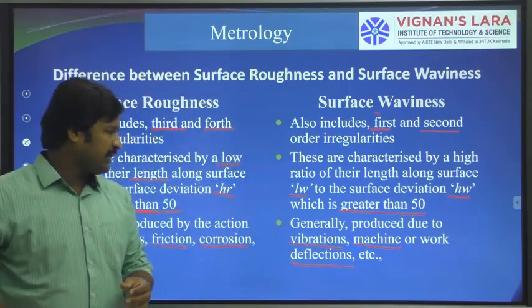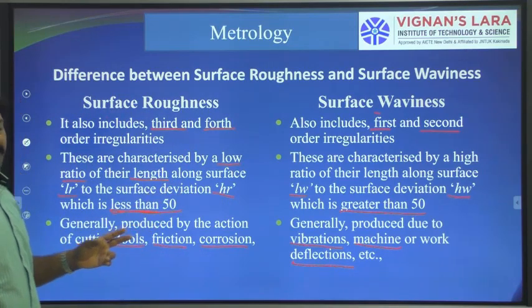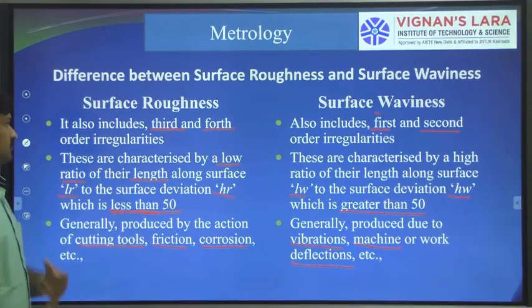If the component or the machine is deflecting, then waviness type of irregularities will take place. If the errors are due to the cutting tools, friction or corrosion, those are considered as surface roughness.